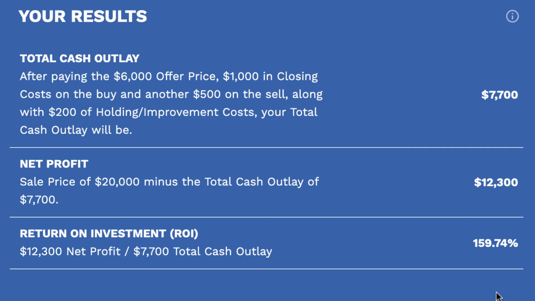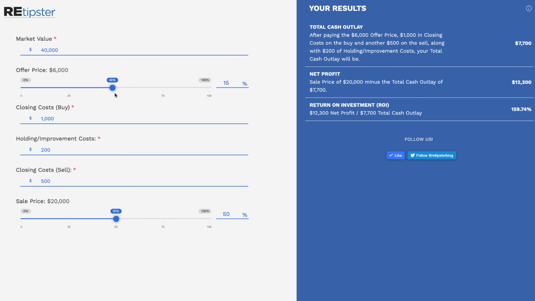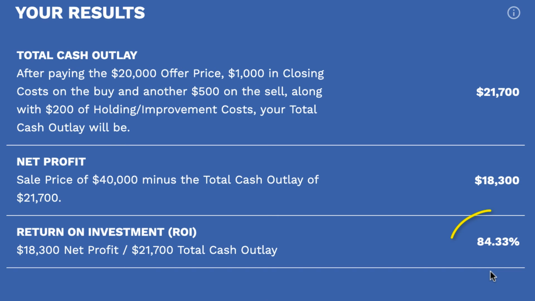However, another really important thing to look at is what is your net profit going to be? It's not necessarily just about this percentage, but also about practically how much money we are going to walk away with from this deal when it's all said and done. If I was going to offer 50% of the property's market value and then sell the thing for 100% of the $40,000 number, you can see my ROI took a beating. Now it's below 100%.